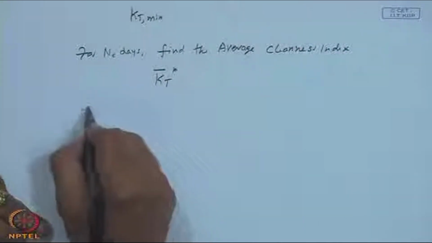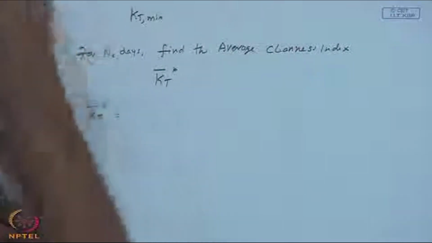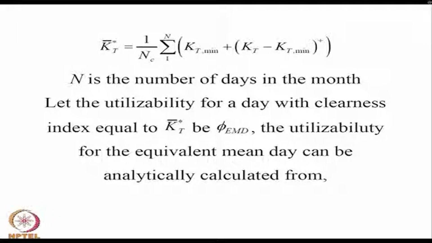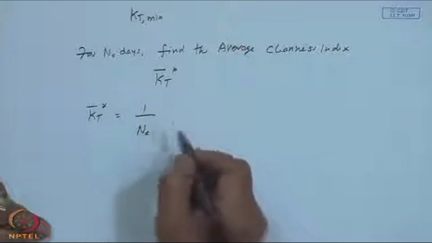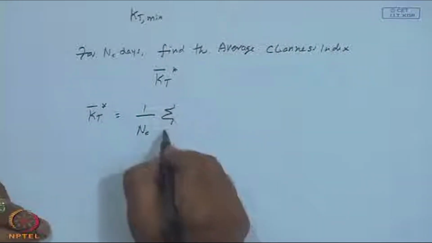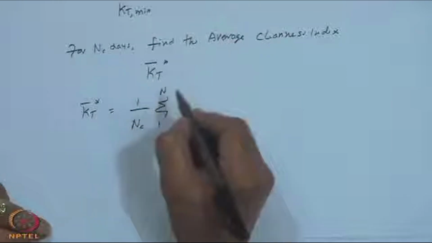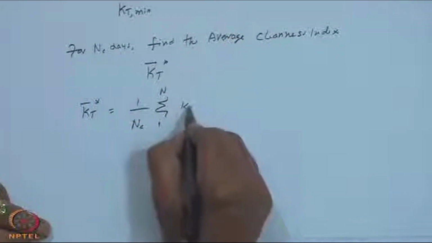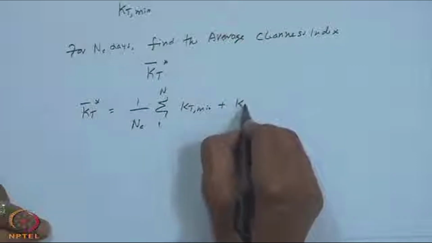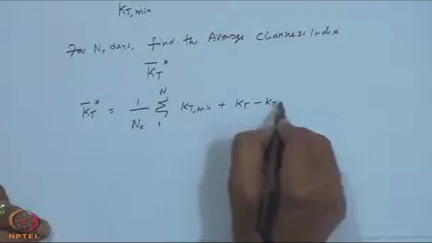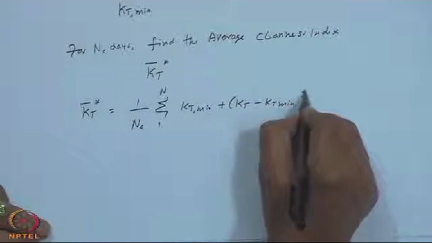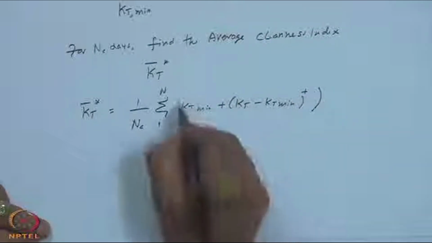So, KT bar star is equal to 1 upon the number of days above which the clearness index is above KT minimum, summed over all the days 1 to n of KT minimum plus (KT minus KT minimum) superscript plus, the whole thing.